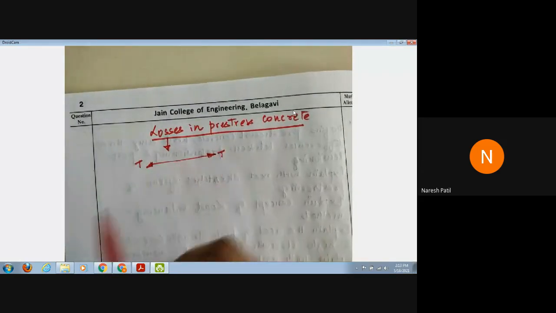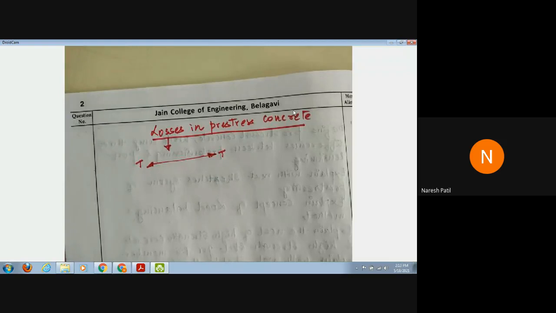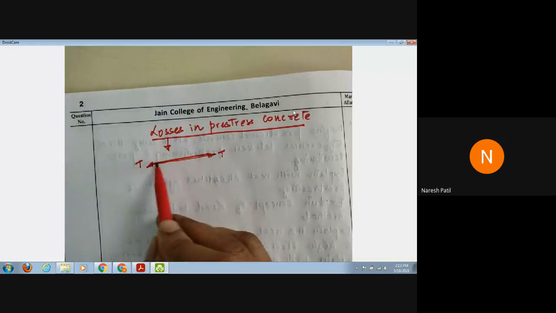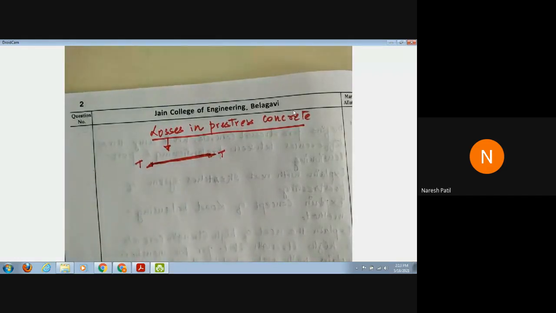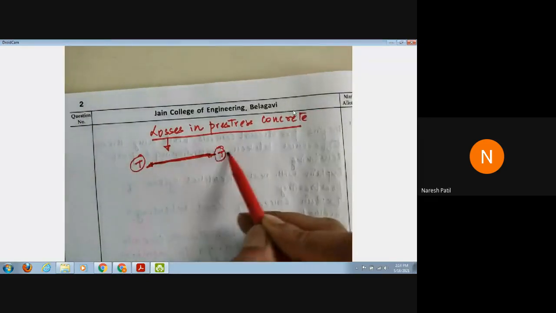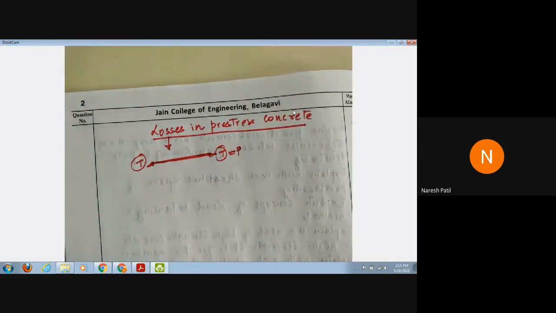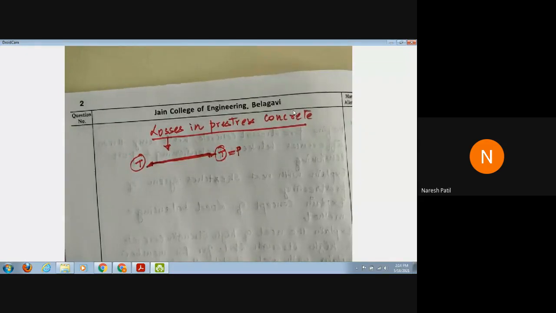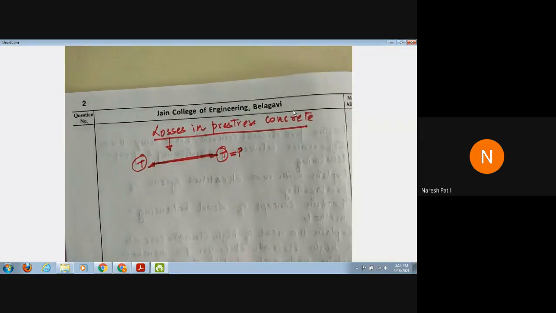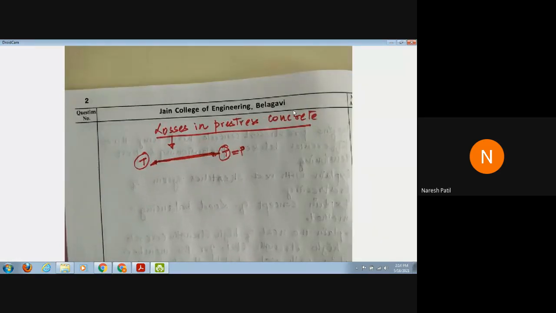Because of various parameters like type of material, workmanship, or the system of pre-stressing, method of pre-stressing technique, whatever the tension applied in the tendon, the pre-stressing force P applied in the tendon may release some of the force during construction because of the various activities just now discussed, that is material, equipment, workmanship, techniques, system of pre-stressing. That is what loss. It will release some of the force.